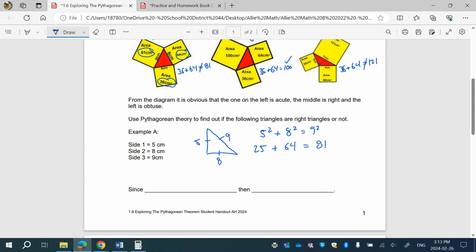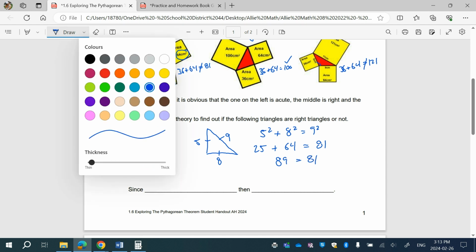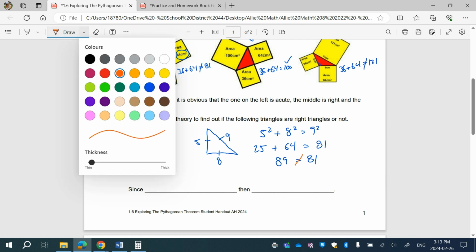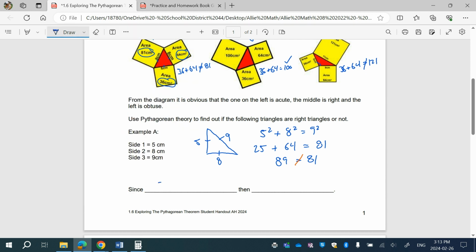So 89 and 81. And in math, to show that something does not equal, we put a little line through the equal sign. So 89 does not equal 81. Since 89 does not equal 81, then this is not a right triangle.